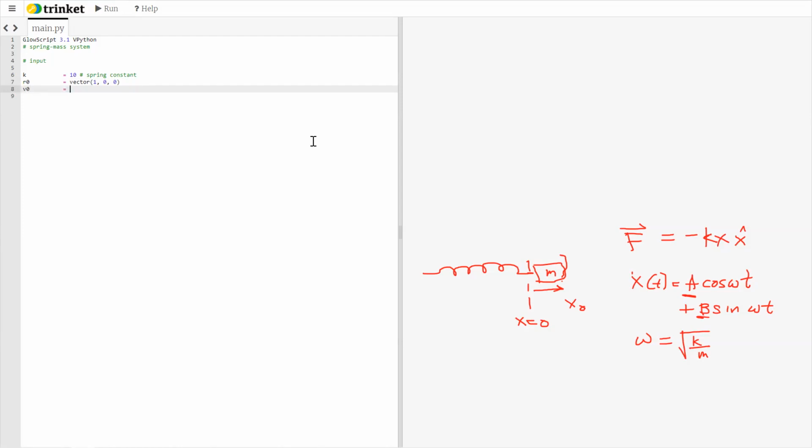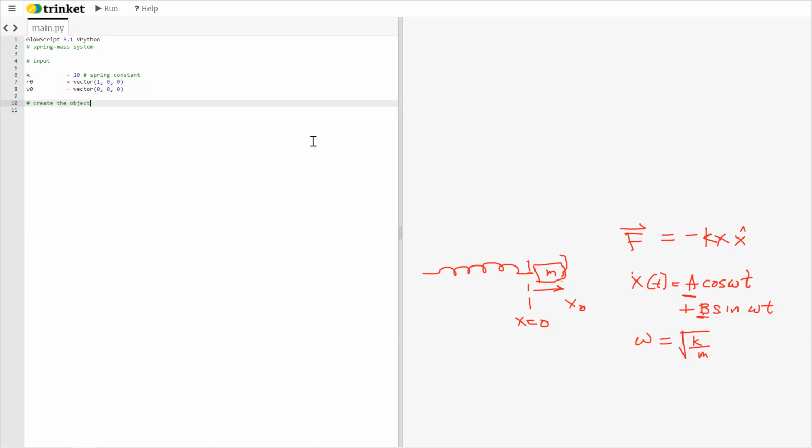Let's make it initially at rest, so 0, 0, 0. Now we can create the object.